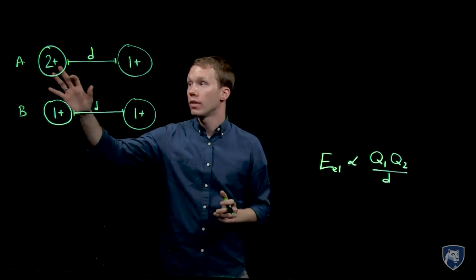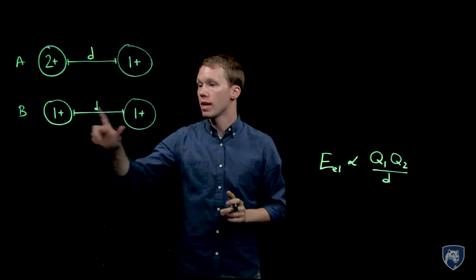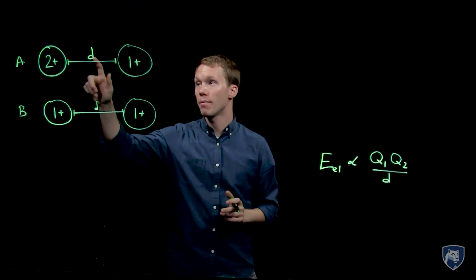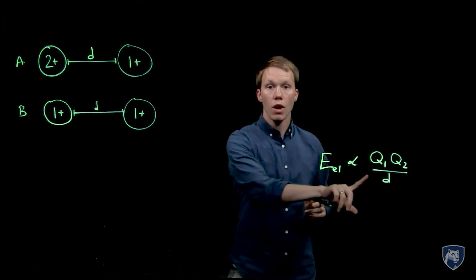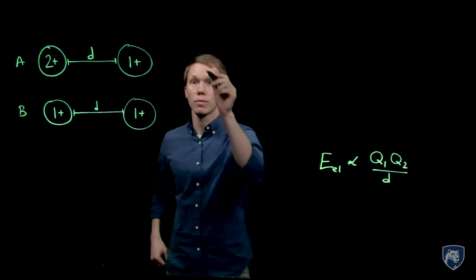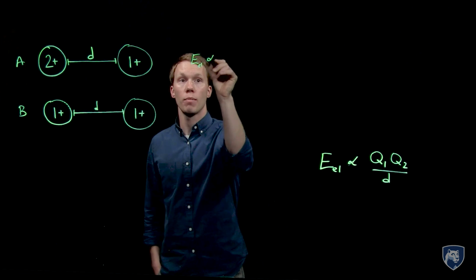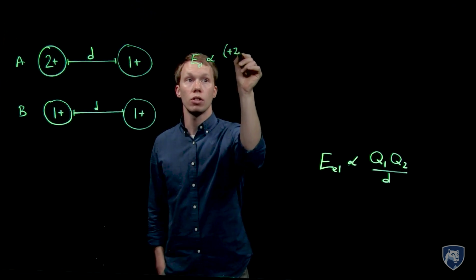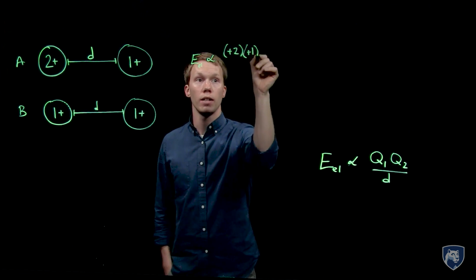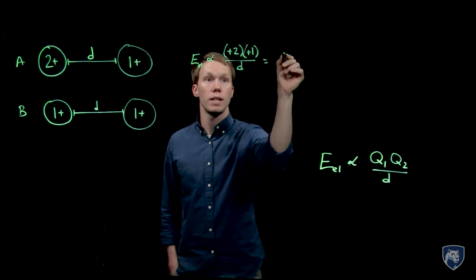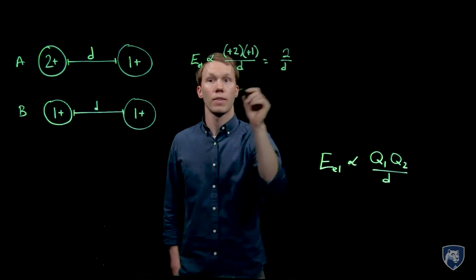Well, we have two like charges in both scenarios separated by the same distance. So if we use our relationship derived from Coulomb's law, in scenario A, the electrostatic potential energy will be proportional to +2 times +1 over d, which would be 2 over d.